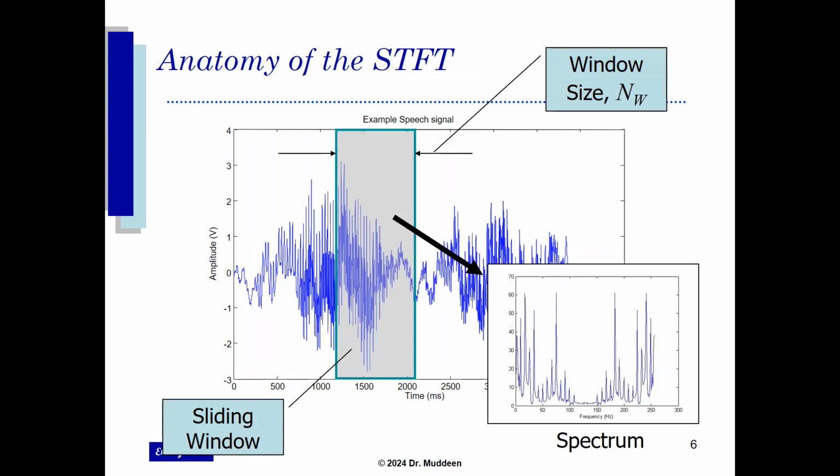For that particular window, you're going to get a spectrum. So at the end of the day, what we have is a series of spectra that took place at a particular set of times. Fair enough? Everybody following so far?